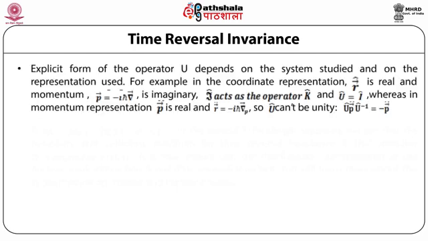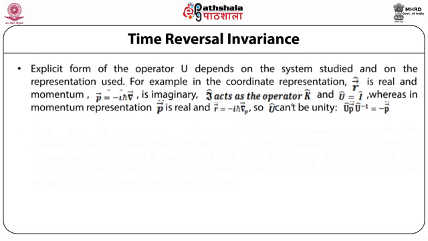Now the explicit form of the operator U, that is the linear operator, depends on the system that is under study and on the kind of representation that is being used.